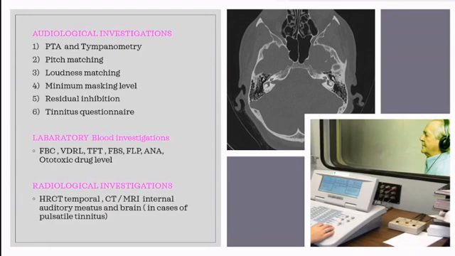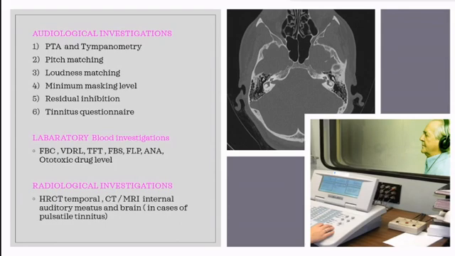So we will see whether the patient does have a hearing loss or not. Pitch matching and loudness matching are done by audiologists. Basically, they have a machine that can depict the sound of the tinnitus, and they can match it. Maybe when you have your session with your audiologist, you can ask them how they do this.